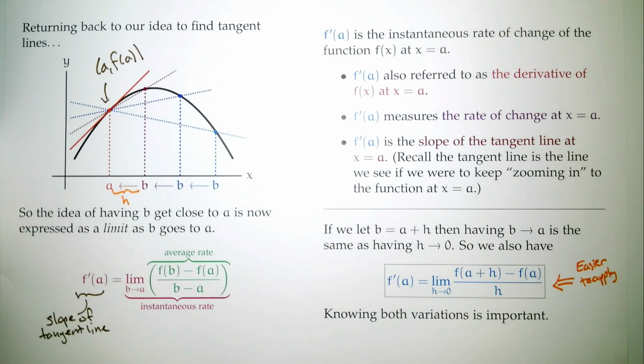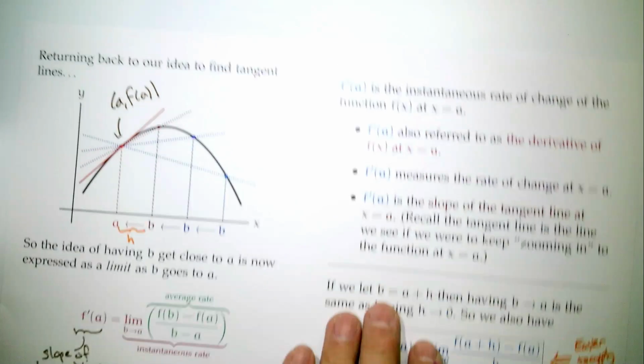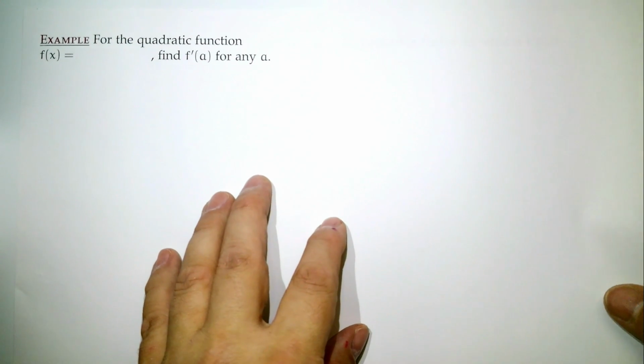So let's do an example. For the quadratic function, f of x equals something, find f prime of a for any a. We haven't actually written down the quadratic. That's a second order polynomial.